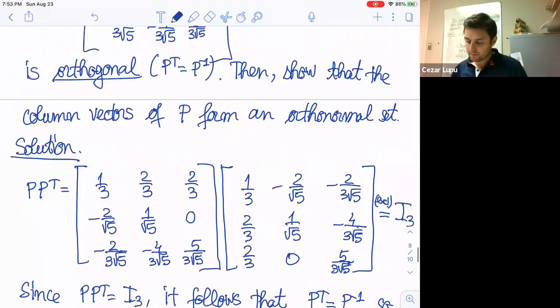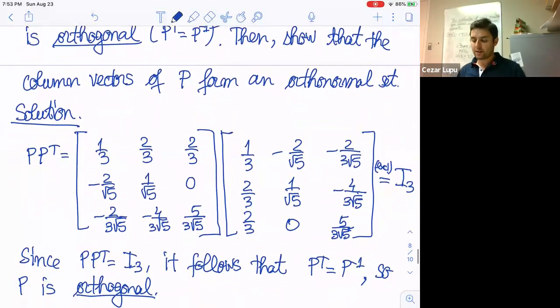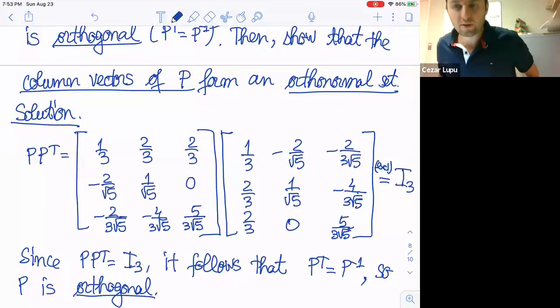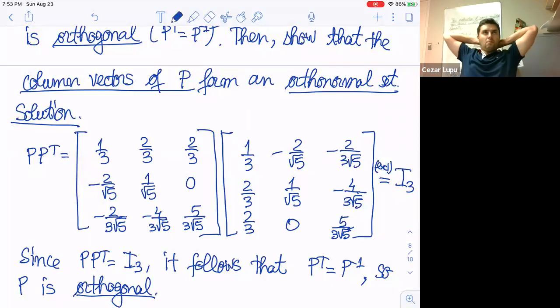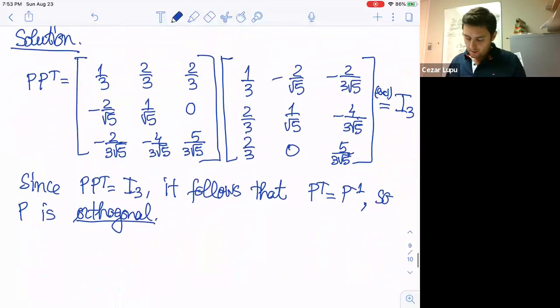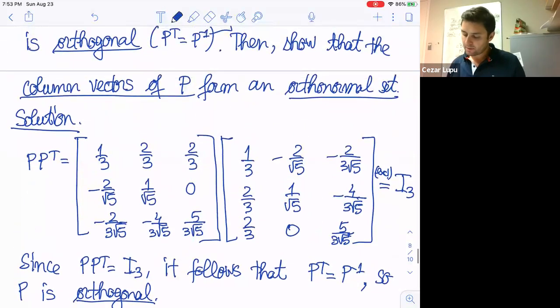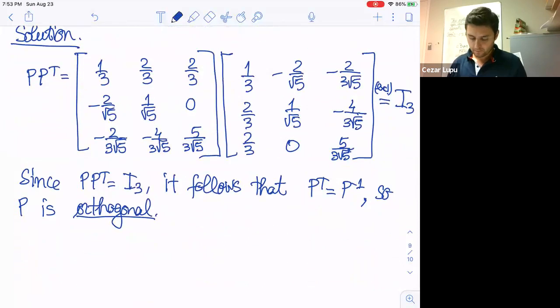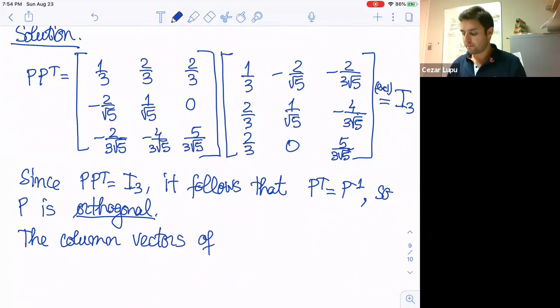And now let's look at the second part, which is to show that the column vectors of P form an orthonormal set. Now let's look at these column vectors of the matrix P. They are given by the following.